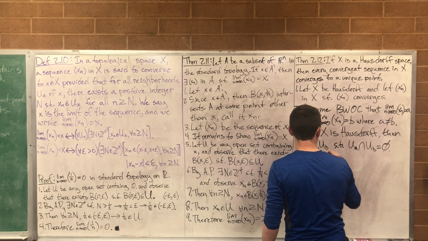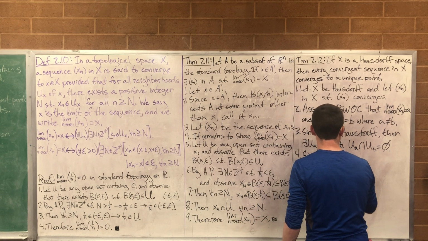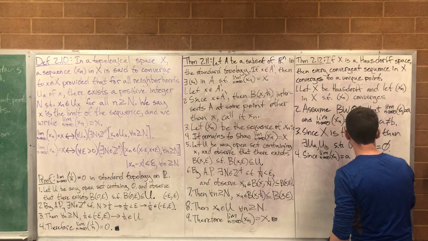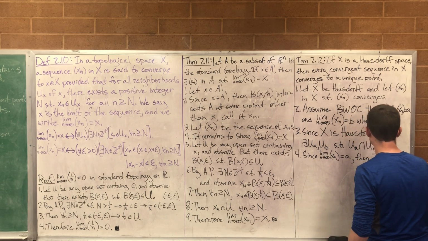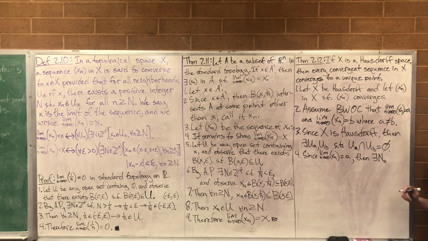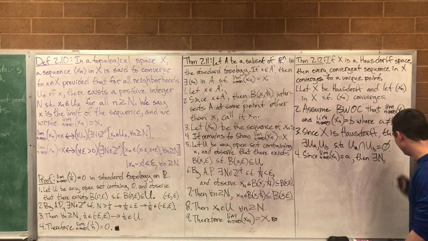Since the limit as n goes to infinity of x sub n is equal to A, then there must be some index, call it n sub A, I guess. That looks too much like sodium. That's gonna mess with my brain. N sub 0, I'll call it.